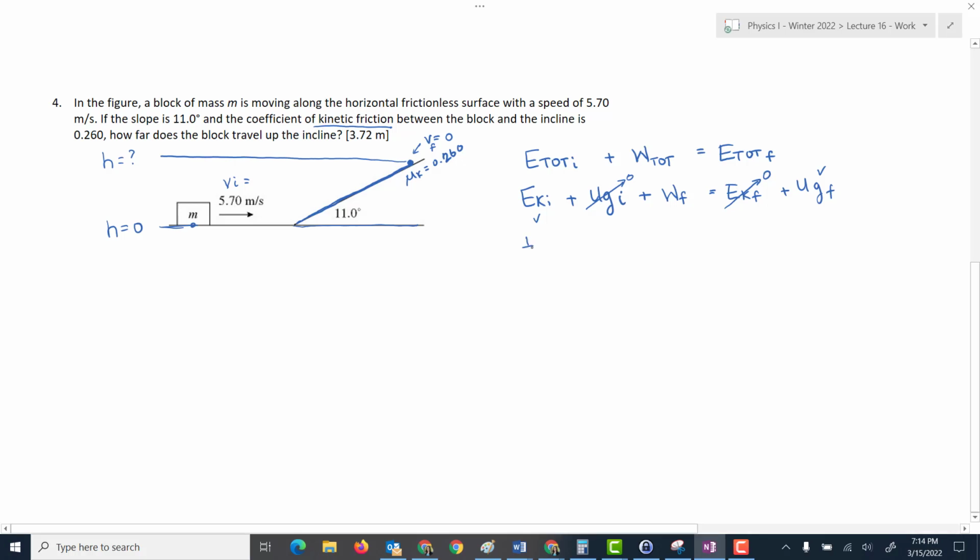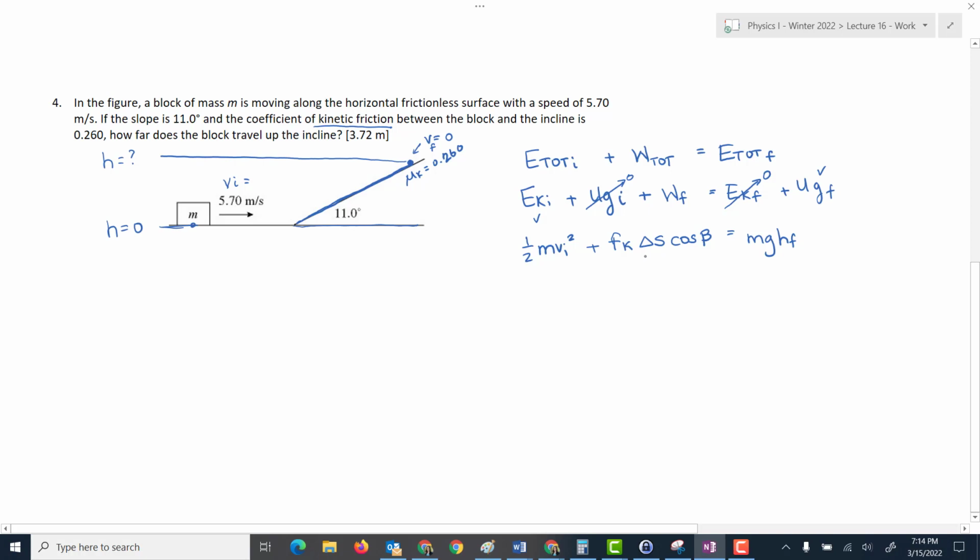EK initial is 1/2 m v initial squared. Work done by friction is equal to the force of kinetic friction times the displacement, times cos of the angle between the force and the displacement, is equal to UG final, which is m g h final.